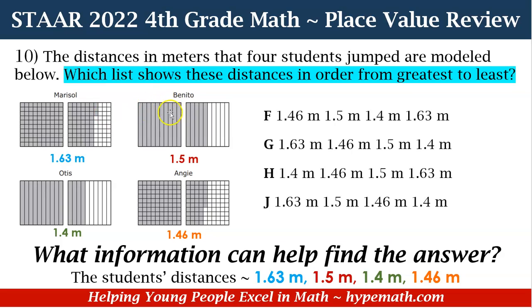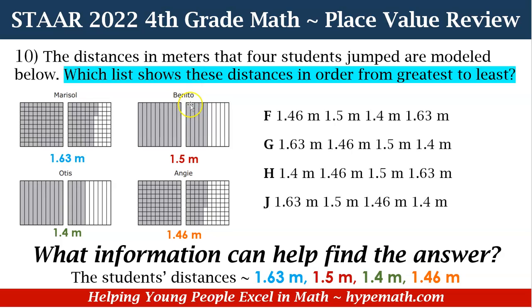Now let's look at Benito. Even though Benito has a tens block, the first one that's fully shaded, we know that represents the whole number 1. Now, when we move to that second tens block, we've already said that it's partially shaded, but we want to count the number of columns that are fully shaded so that we know what number we need to write in decimal form.